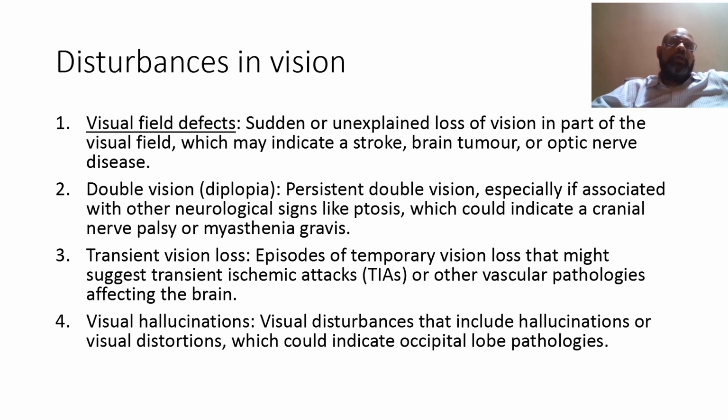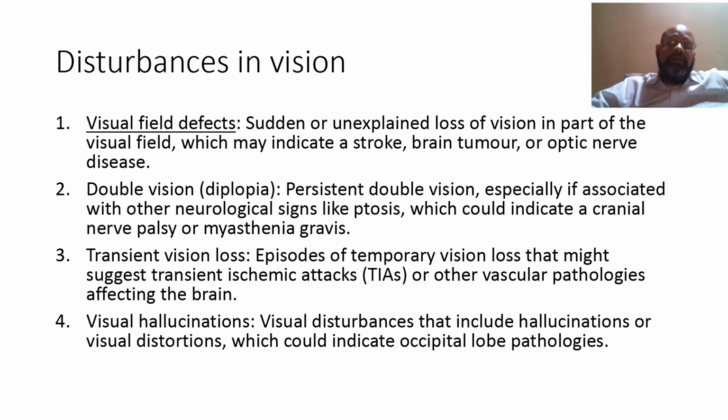For example, a patient might have a junctional scotoma, in which there is monocular visual loss involving the ipsilateral side, and on the contralateral side there might be a superior quadrantanopia involving the temporal quadrant. This might suggest a lesion close to the chiasm, at the junction of the optic nerve and the chiasm.